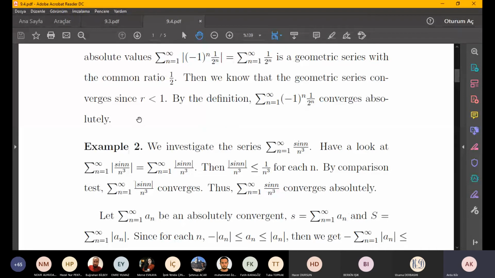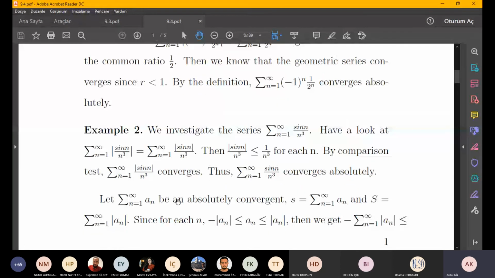But generally, for these two chapters, we just try to find out if the series is convergent or divergent. We deal with the behavior of the series, not the exact sum.